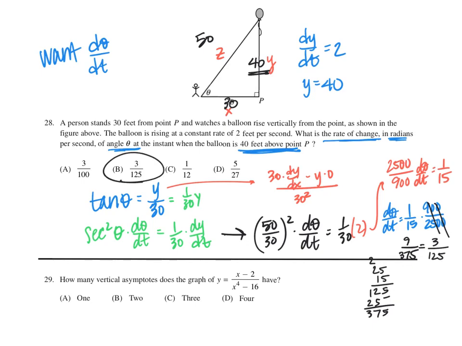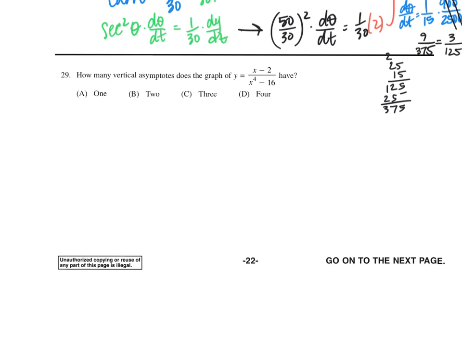Holy moly. This next question is honestly Algebra 1, Algebra 2, Pre-Calc. And we've covered this a bit in calculus as well. Vertical asymptotes are when my denominator equals 0. But be careful.